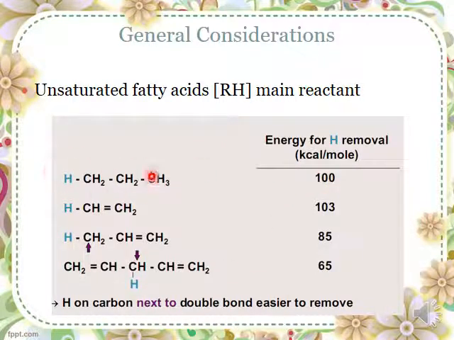Okay, for example here, it needs 100 kilocalories per mole to remove hydrogen, this hydrogen here. Whereas in unsaturated fatty acid having two double bonds here, the removal of this hydrogen is easier. Okay, it needs less energy, which is only 65 kilocalories per mole.